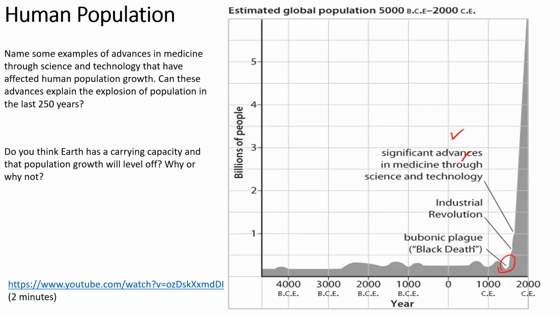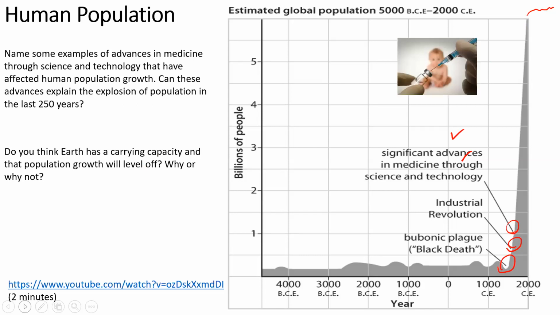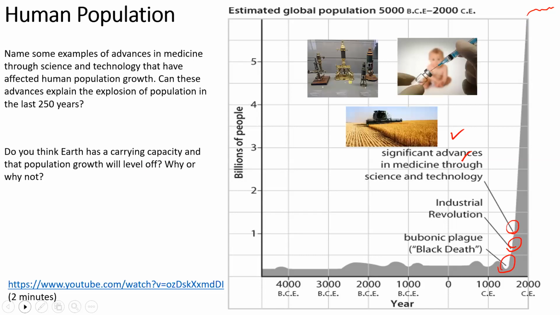Industrial revolution, so science, medicine, agriculture has caused us to hit this. However, we probably will have a carrying capacity at about 9 billion people. And that relates to these other diagrams. So it's a good little video to watch there. Yeah, so medicine, agriculture, great.